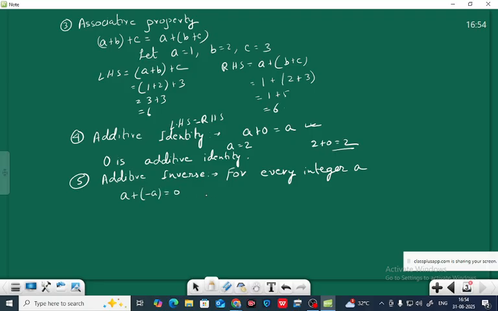What is the meaning? Suppose we take a number 2. Suppose a is equal to 2. If we add this one, that is 2 plus (minus 2), we will get 2 plus minus 2 is equal to 0. Right? Therefore, we can say that 2 is the additive inverse of minus 2.